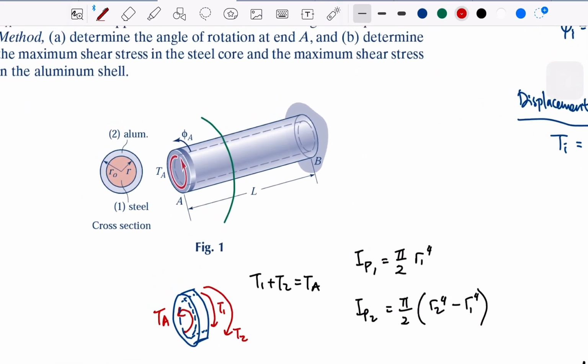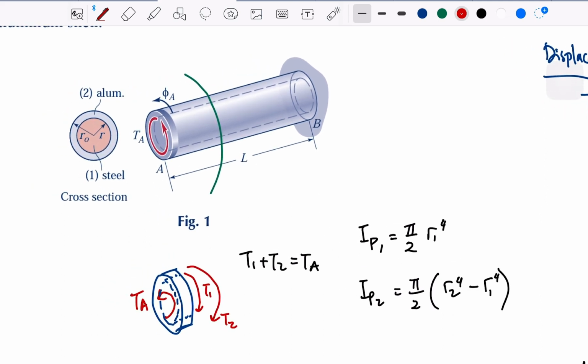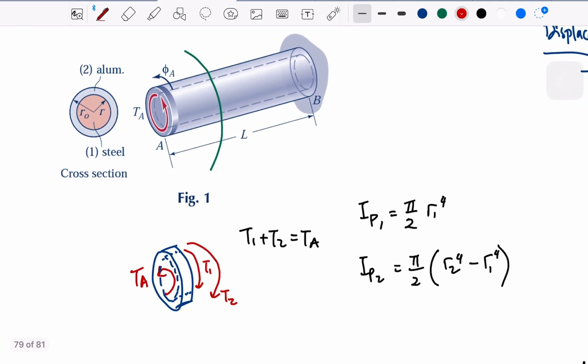First, if we look at the equations, after we take the free body diagram and measure the torque equations, the second thing we can do is measure the deformations.